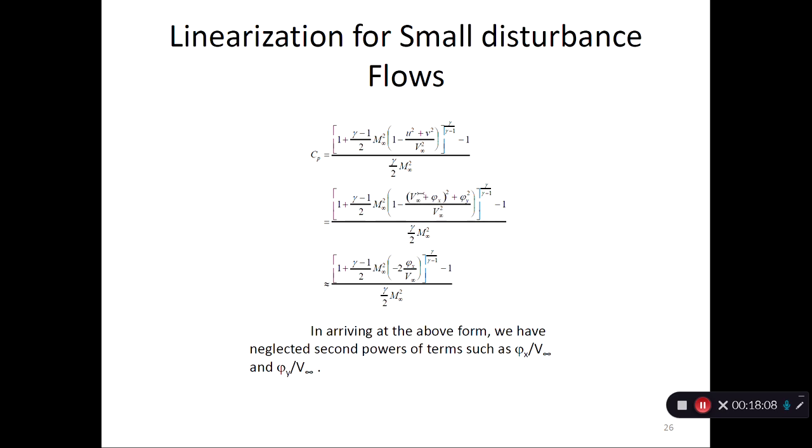Then you get 2 times v infinity times vx over v infinity squared. That becomes 2 times vx over v infinity. There's a minus sign here that I have carried forth. So now I have an expression here. Although this term is linear in phi, it's still raised to some nonlinear power. So it's not fully linearized.